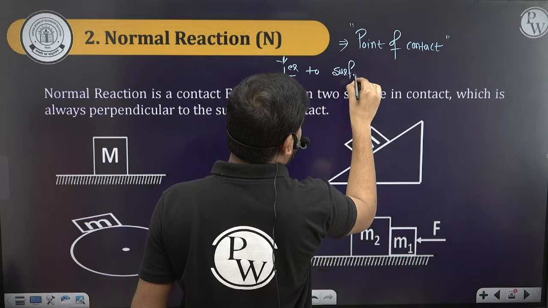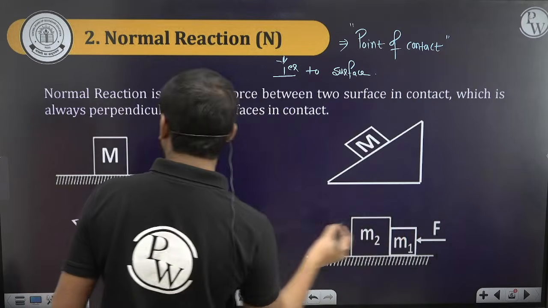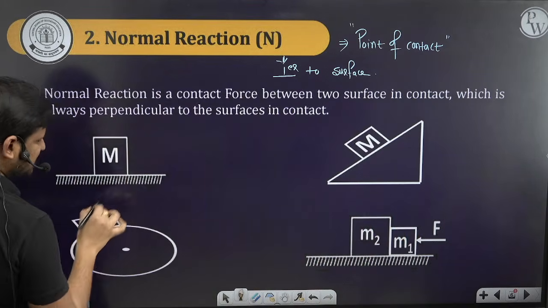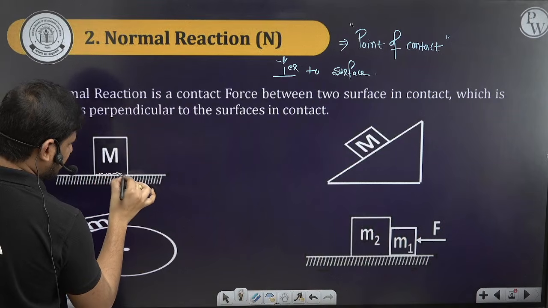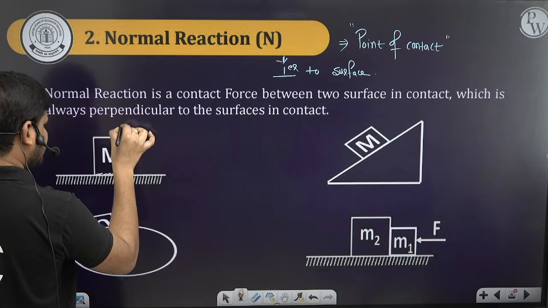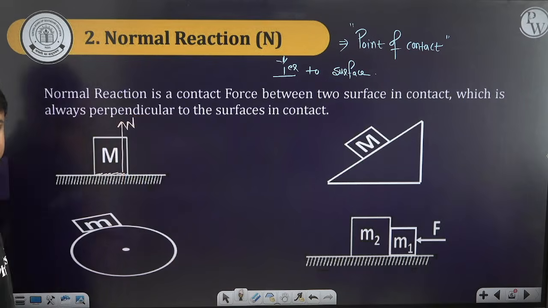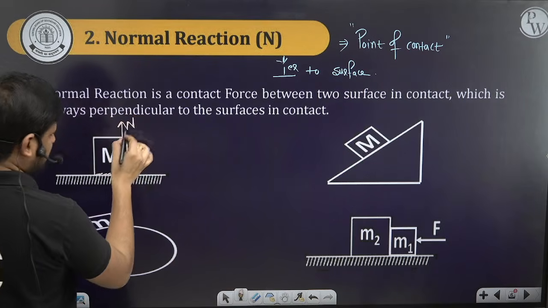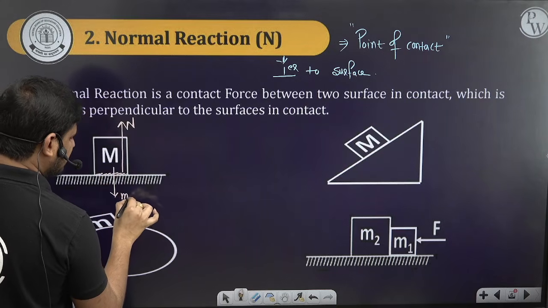I am taking a few examples. For example, this is a body of mass m placed on the ground. This is a point of contact here. For this point of contact, the normal reaction will be perpendicular like this, and its weight acts downward. Let it be mg.